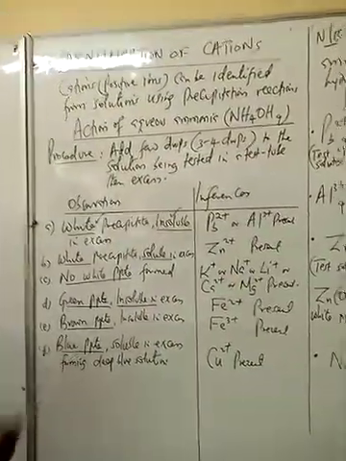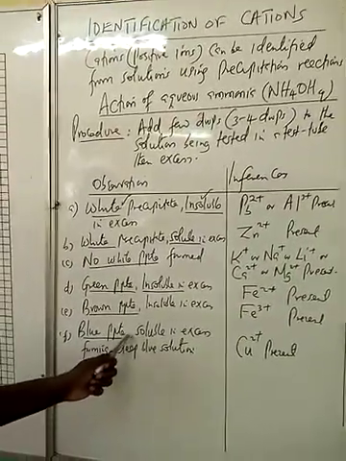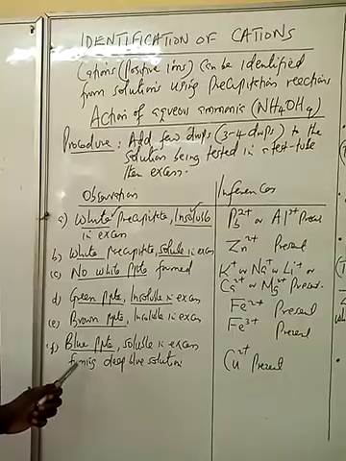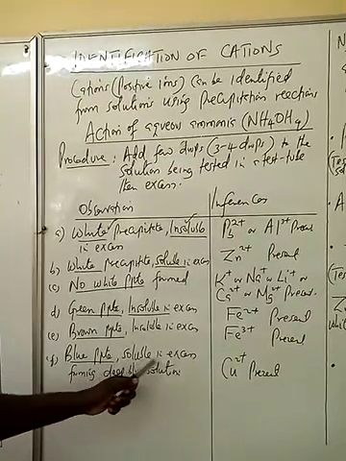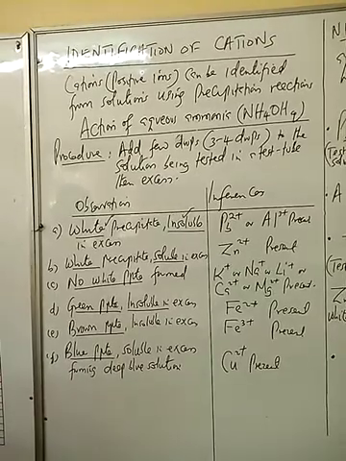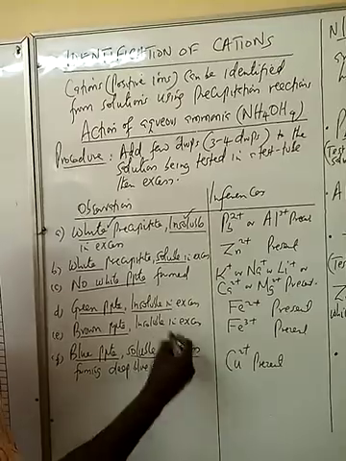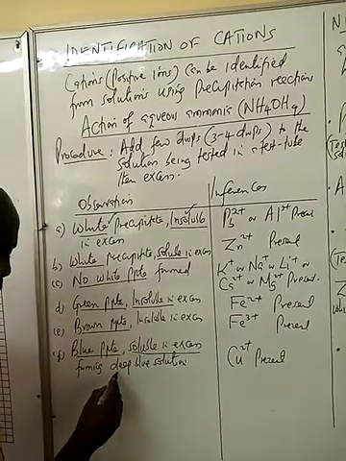The last one, if you get a blue precipitate, copper is always blue. If you get a blue precipitate soluble in excess, it will form a deep blue solution. So you talk of a blue precipitate soluble in excess. And immediately it is soluble, you must state the color of the solution.